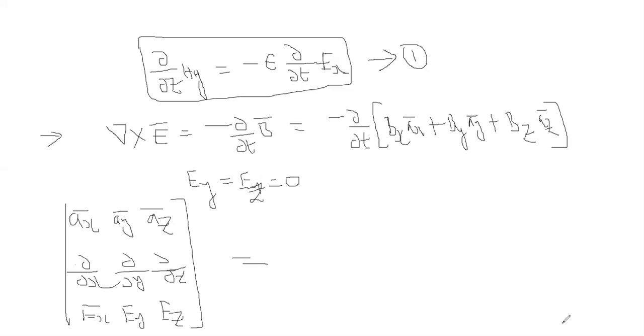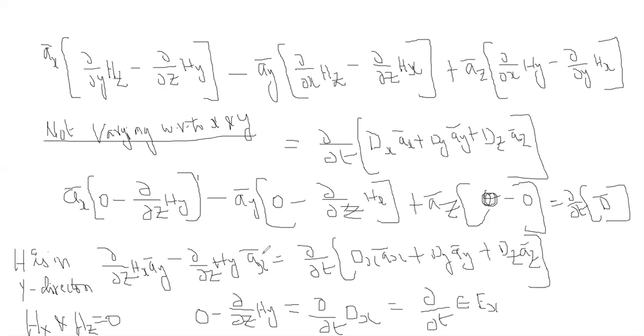Same equation as we had before, finally, after substituting E instead of H. Dou by dou z of Ex Ay bar minus dou by dou z of Ey Ax bar.